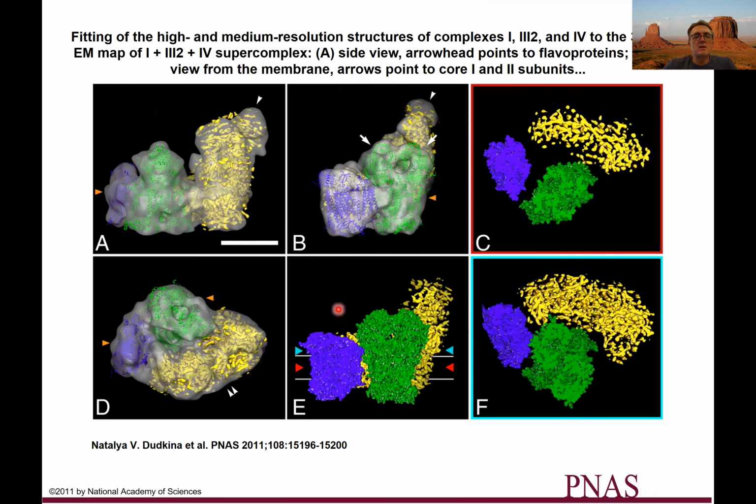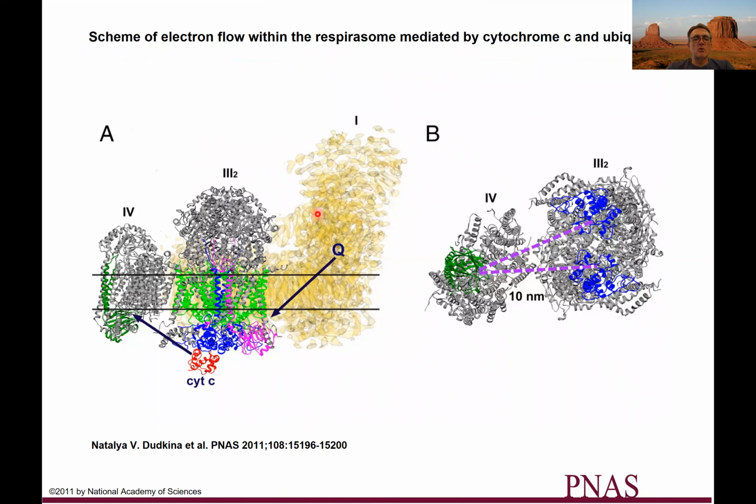And you can see all the various complexes shown in different colors. I believe this is 1, this is 3, and this is 4. So yellow will be the one. It's the biggest one. Remember, it had at least 45 different proteins. Complex 3, I forgot how many it had, maybe 10 or something, and complex 4 had 14. And they all come together. They all appear to be coming together. And that's how it looks.